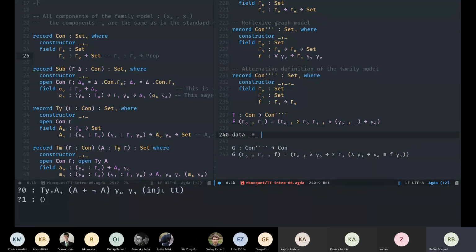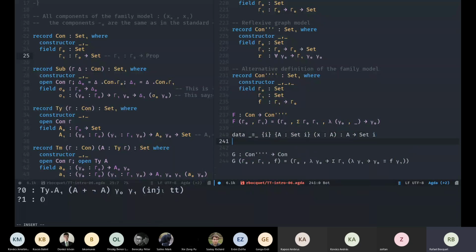So we can define the identity type. In the other direction, we need to introduce these equalities.